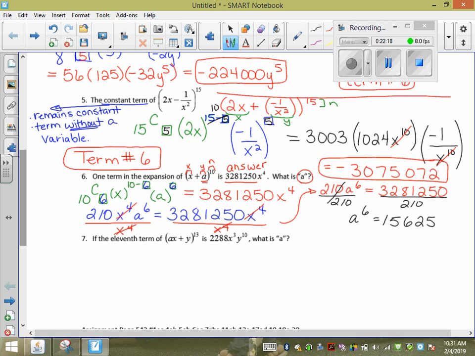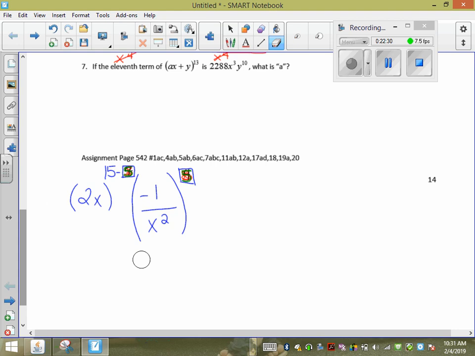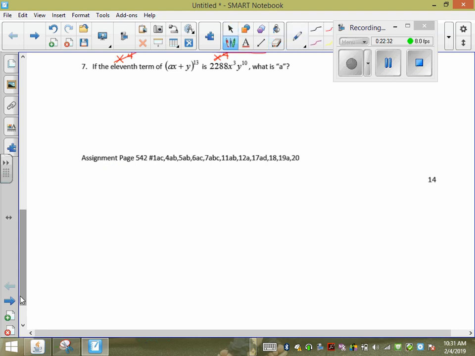Now, you guys have always had a squared, we square root, a cubed, you cube root, a to the 6, you 6th root, which is absolutely fine. You can do that. But I want to show you how to do it with exponents, just because when we get to log and exponential, it makes it a little more complicated. So we have currently a to the 6 equals 15,625. I want in the end a to the 1 equals something.